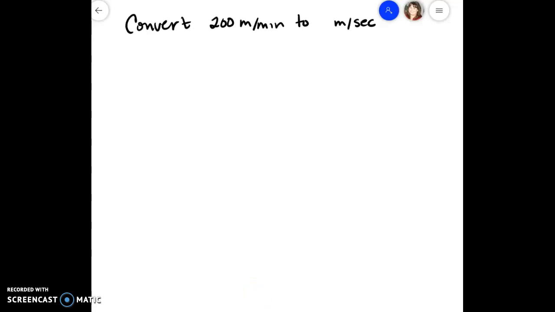This one says, convert 200 meters per minute to meters per second. On this one, I'm starting with meters per minute, and I want to go to meters per second. So I'm not changing this top one, am I? I'm staying in meters, but I need to change this denominator unit from minutes to seconds. Can I go directly from minutes to seconds?